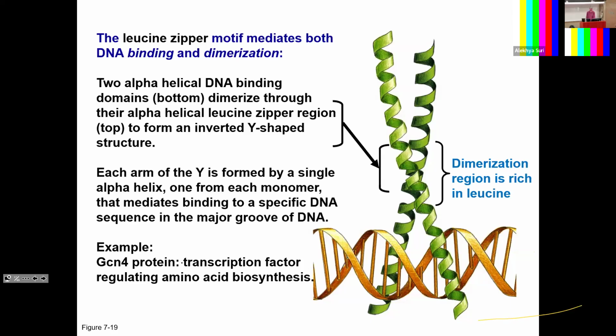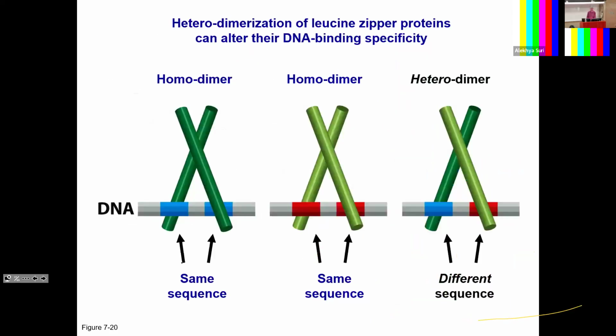And again, it binds here, I think also the major groove. Another example that binds to small DNA sequences as a dimer, in this case, interaction of the two proteins by a leucine-rich region.